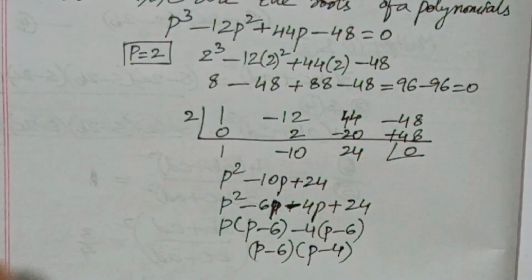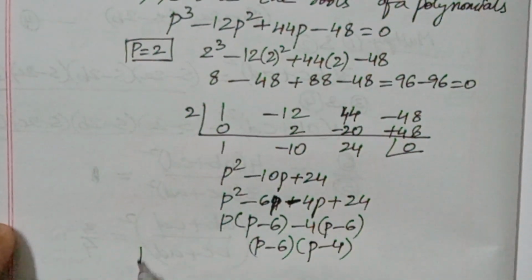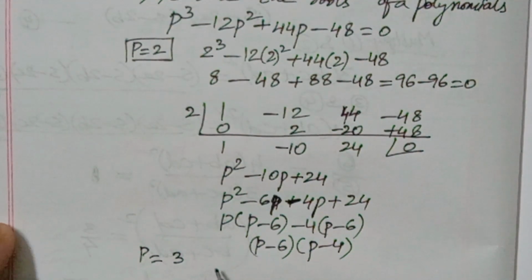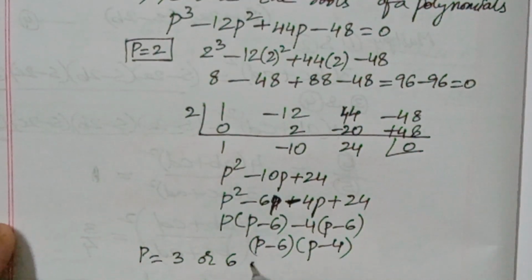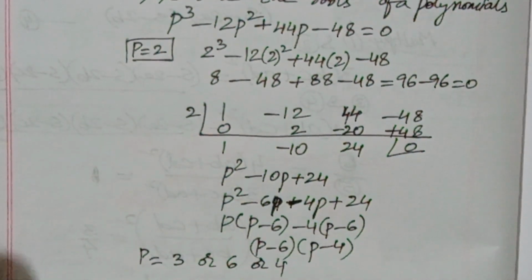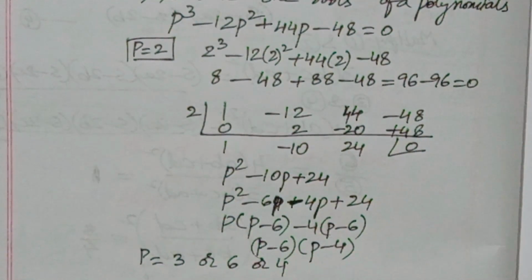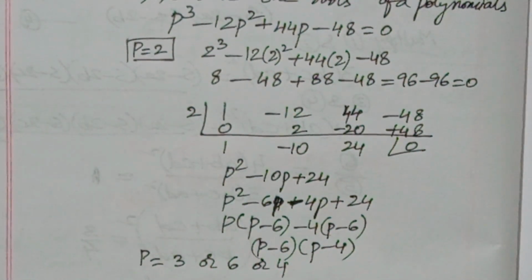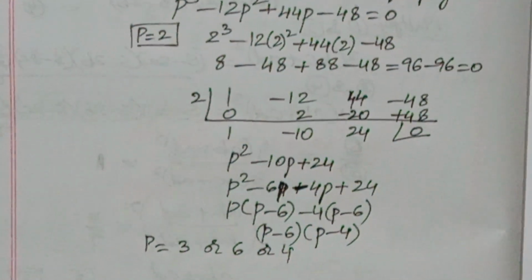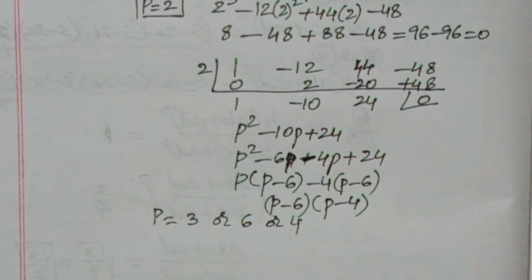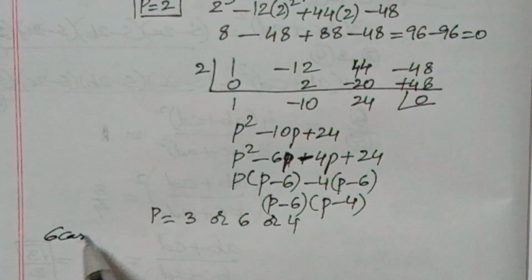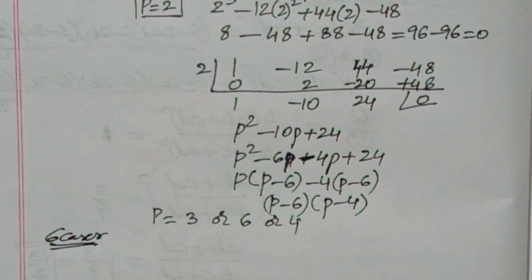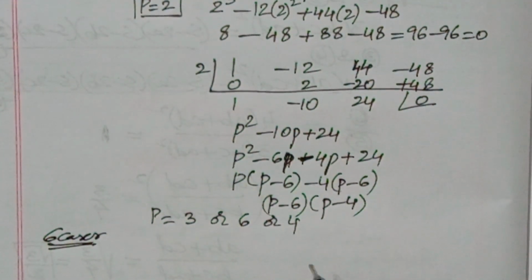So what are the values of p now? p is equal to 2, 6 or 4. So these are the values of a, b, c. Now I am writing in a tabular form so that we can get it easily. So here you'll get 6 cases, 6 distinct ordered triples.